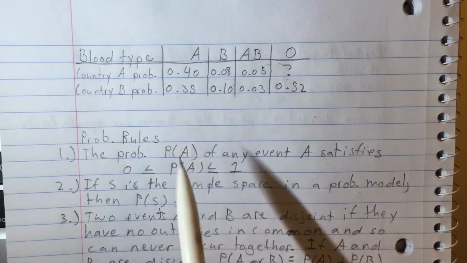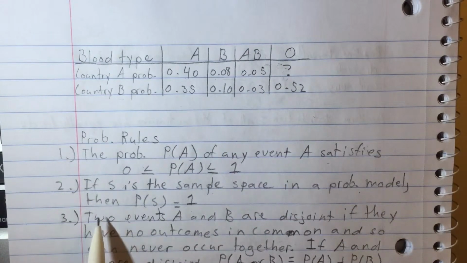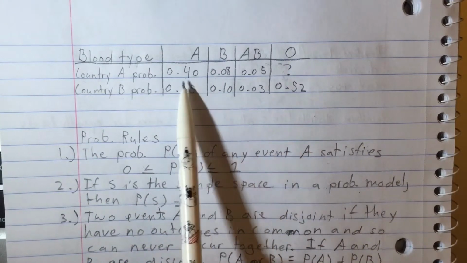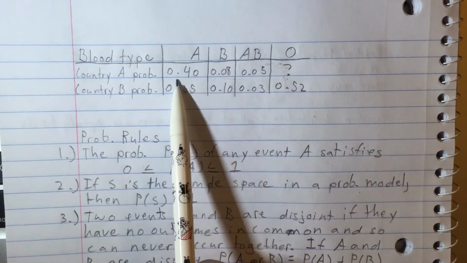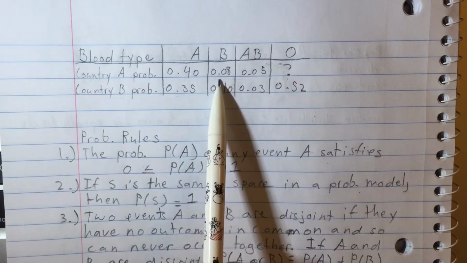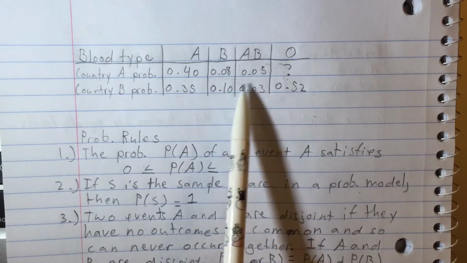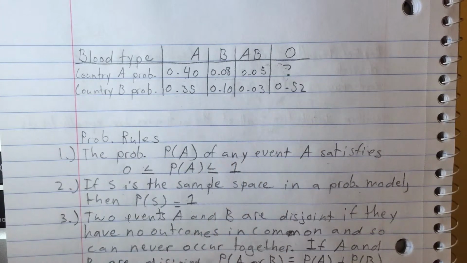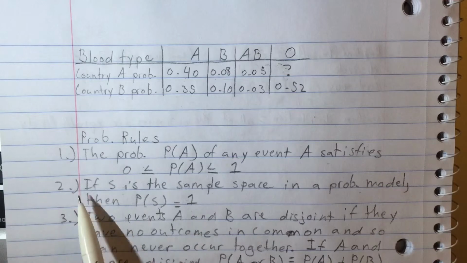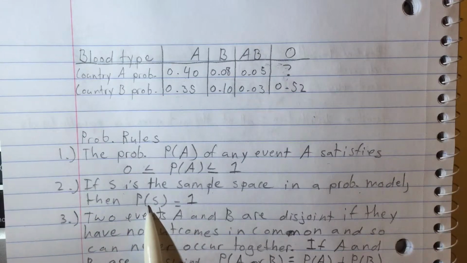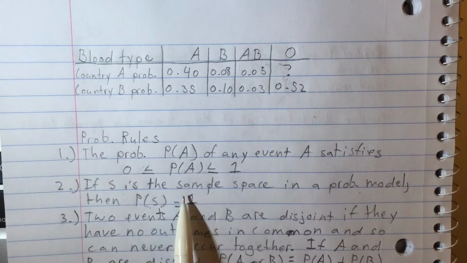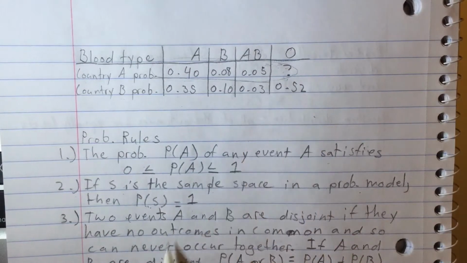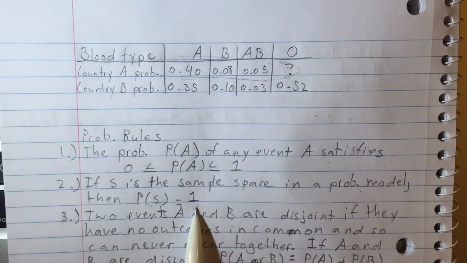We want to focus on what these 3 numbers add up to. As stated in rule number 2, if S is the sample space, then under each blood type, 0.4, 0.08, and 0.05 are all part of a sample space S, and the probability of S has to equal 1.